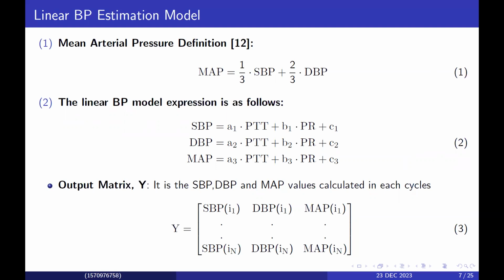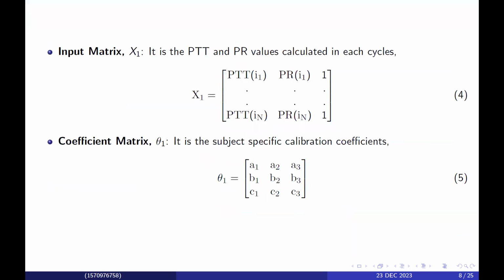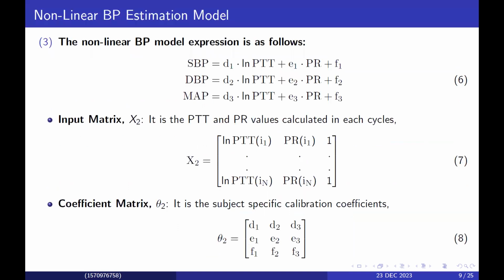So we get a system of linear equations, with SBP, DBP, and MAP as a coefficient matrix times the input matrix, which is the PTT and PR values. Y is the output matrix which contains the BP values, X is the input matrix which contains the PTT and PR values calculated in each cycle, and theta is the coefficient matrix, the calibration coefficients, which is specific to each subject.